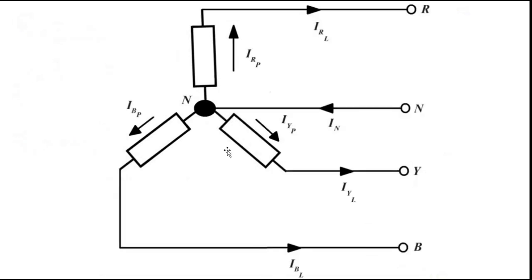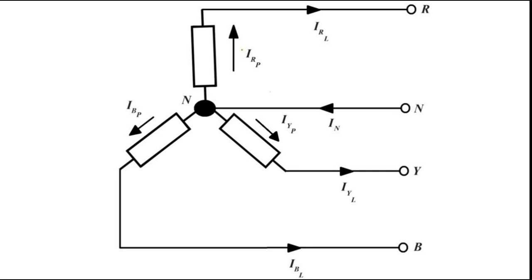Next, the currents. For this star connected system, the currents in the respective phase windings R, Y, B are called the phase currents.